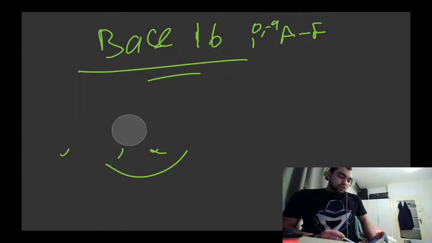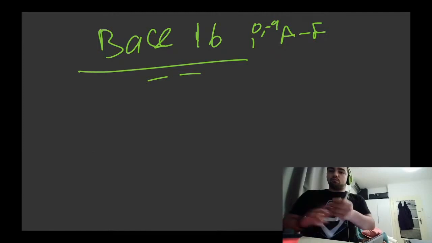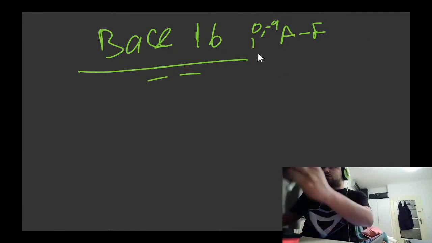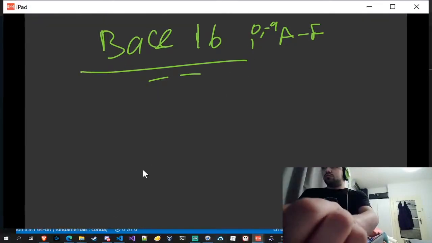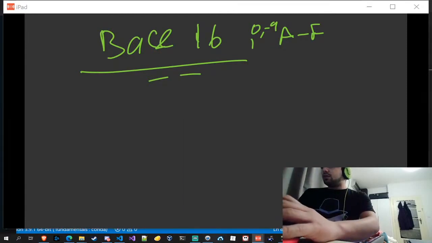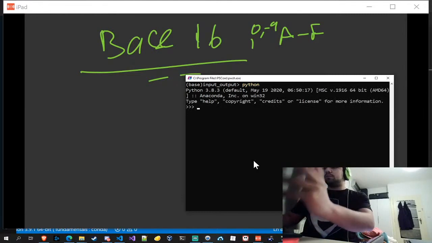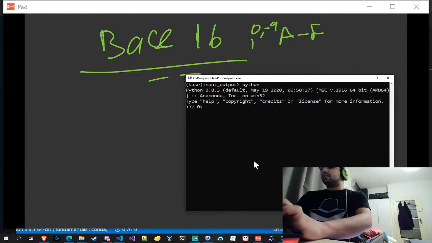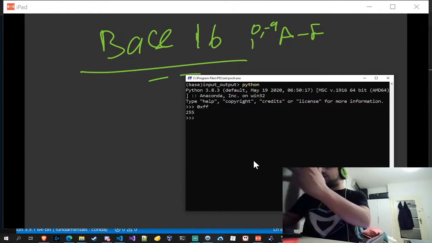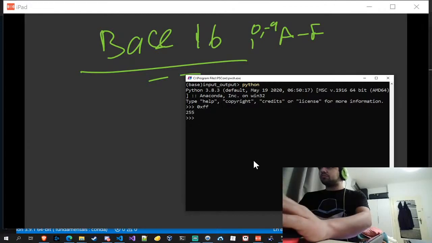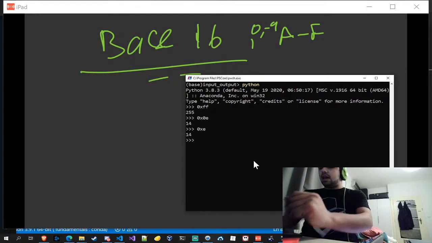Also, let me show you something that you might not know. If you want to mess around with values, it's way easier to just go into Python and try the terminal. You can represent hexadecimal by saying 0xff, which of course is going to be 255, or 0x0e, same thing.